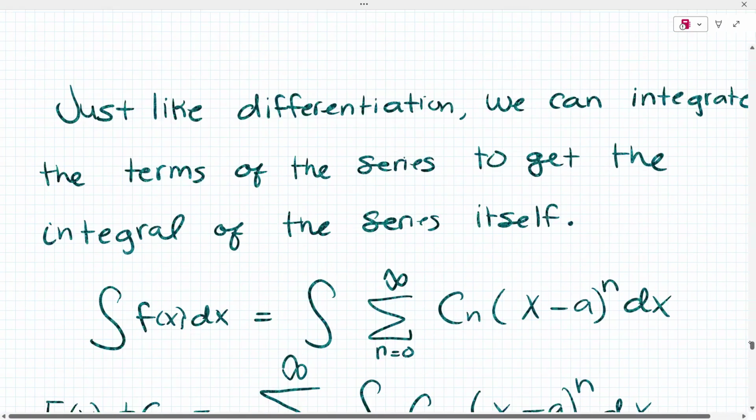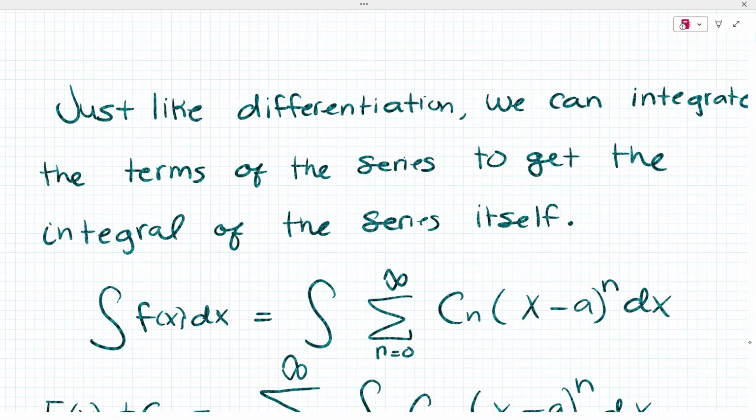Okay, so just like differentiation, we can integrate the terms of a series to get the integral of the series itself.